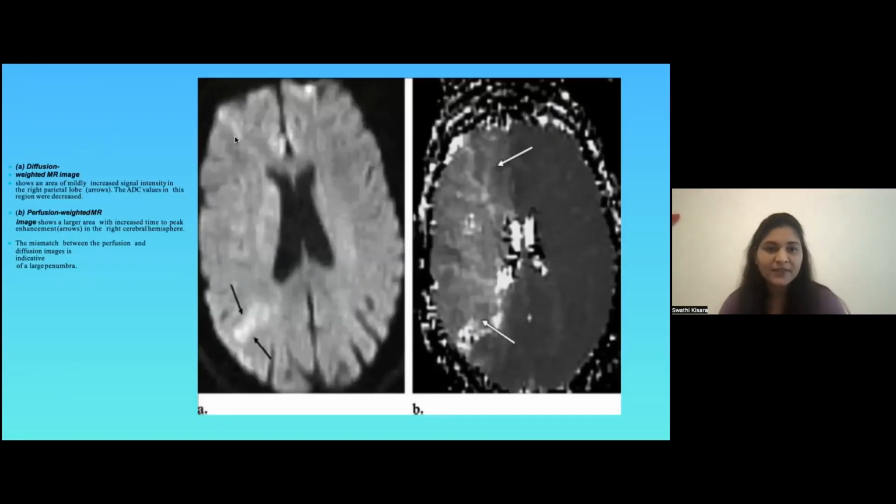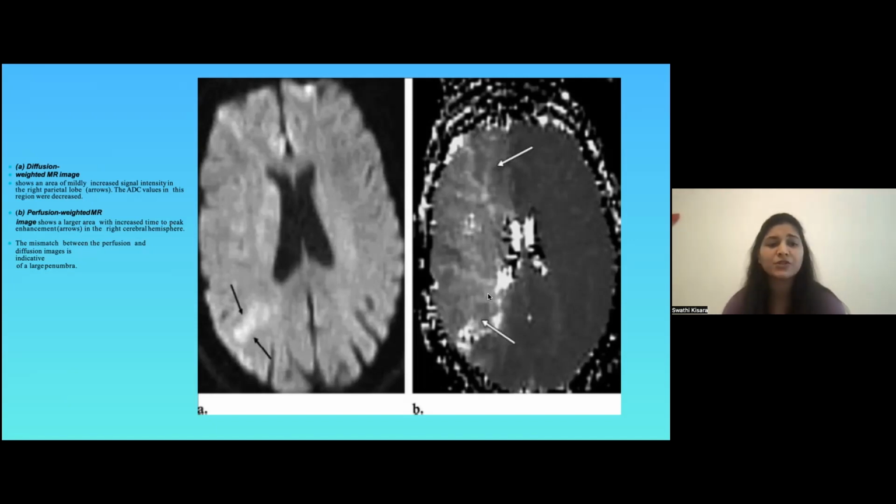So in this slide, this is the diffusion weighted MR image showing an area of mildly increased signal intensity in the right parietal lobe. The ADC values in this region were decreased. This means that it is an acute infarct. And this is the perfusion weighted MR image showing a larger area of hypoperfusion.